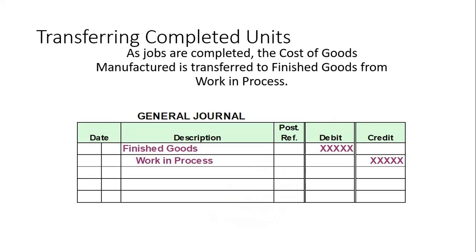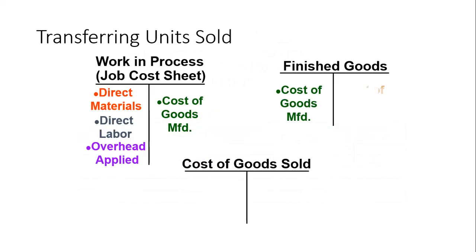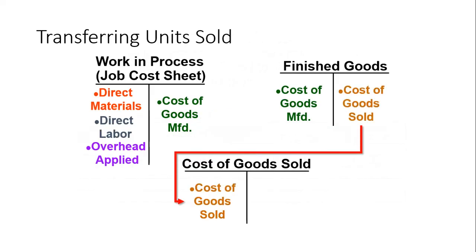Okay, once a job is completed and the cost of goods manufactured is transferred to the finished goods from work in process, so debit finished goods and credit work in process. And then once we sell our finished goods, automatically we need to credit the finished goods and record it as COGS, cost of goods sold.